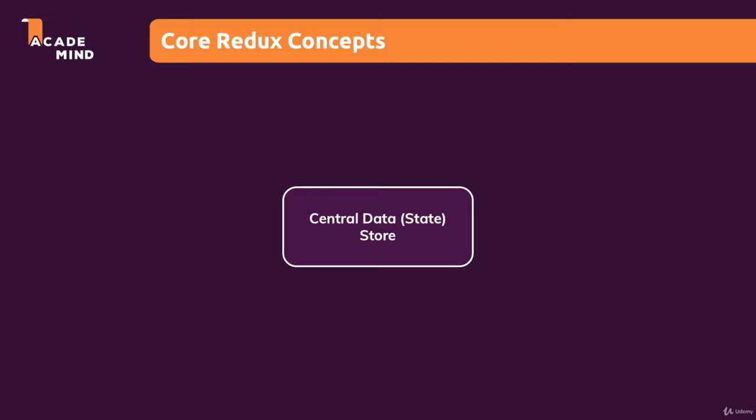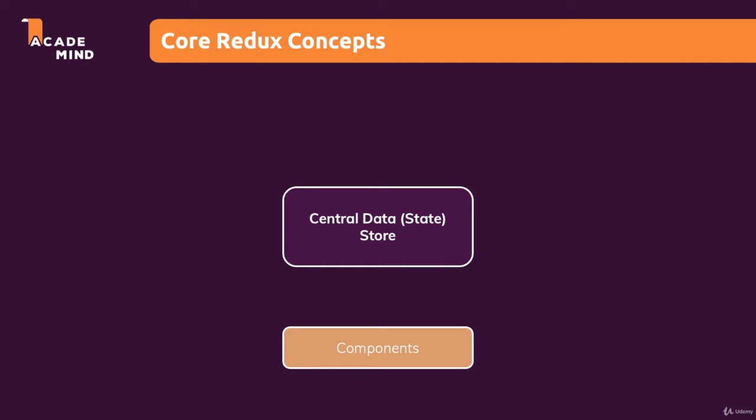Ultimately, we have data in that store so that we can use it from inside our components. Because if some data there changes, if the authentication status of a user changes, for example, we want to know about that in a component so that we can react accordingly and update the UI. For this, components set up subscriptions to our central store.